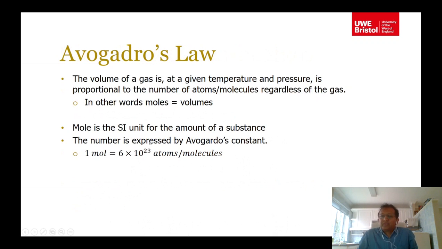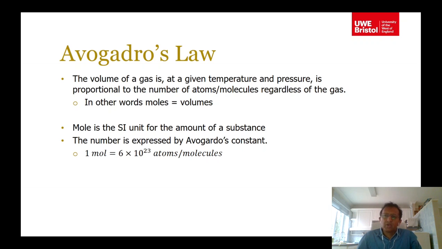These volumetric ratios were defined by Avogadro. Basically, Avogadro said the volume of gas at a given temperature and pressure is proportional to the number of atoms or molecules, regardless of the gas.